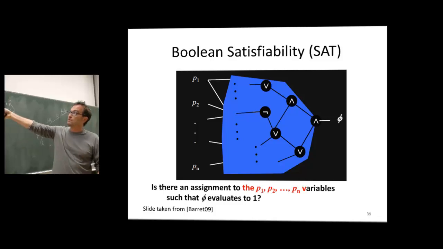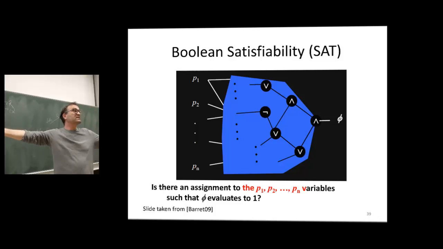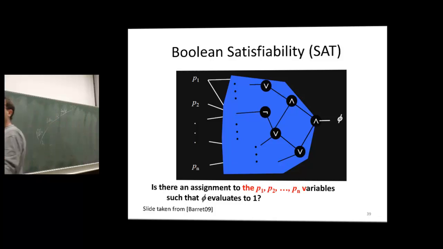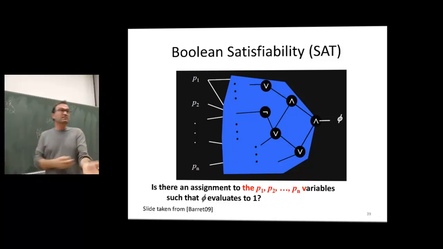You have in Boolean satisfiability, so in propositional logic as we had it, you have as input possible variables to which you can give a value true or false, and then it determines the value of a complex formula.